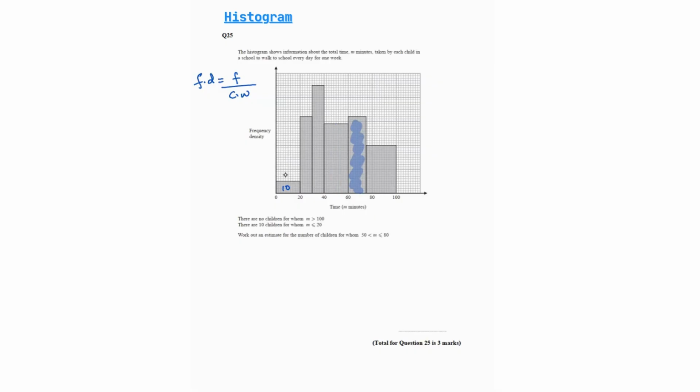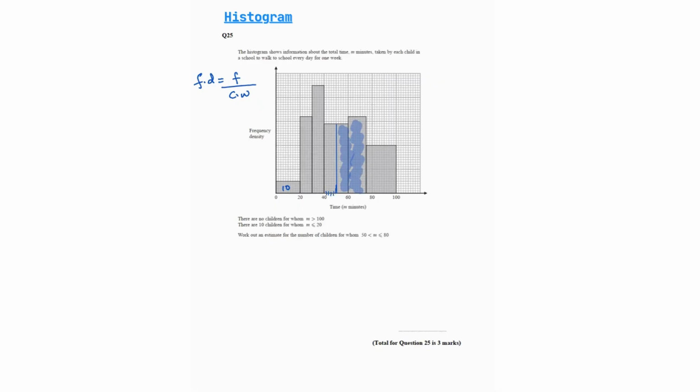So if we divide this, 1, 2, 3, this graph is so tiny. 1, 2, 3, 4, 5. So let's draw a line over here first. This is 50 and they want us to estimate the number of children in this shaded area.